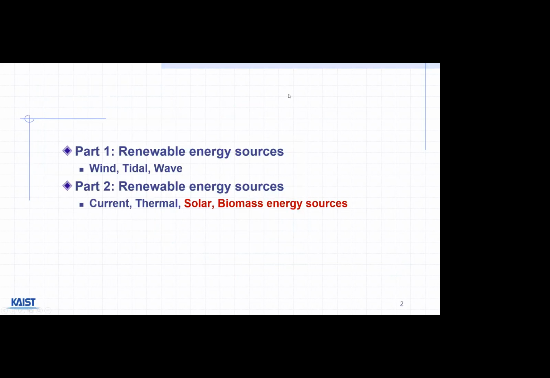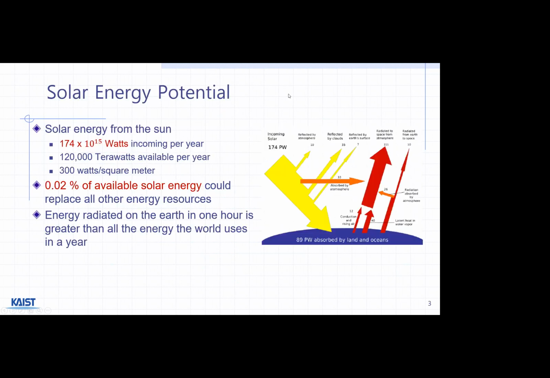In this class, we'll cover the topics of solar and biomass energy among ocean renewable energy sources. A total of 174 petawatts of incoming energy with 120 petawatts available per year.